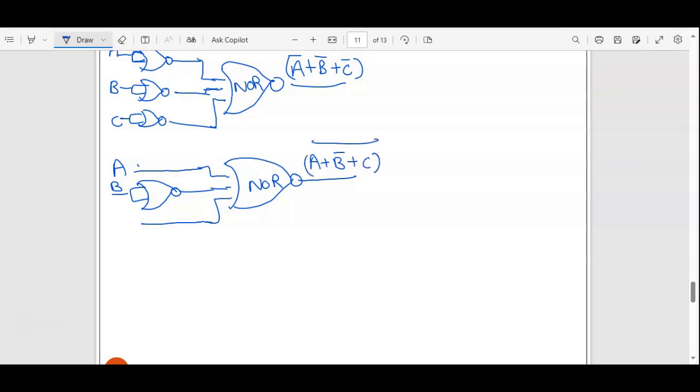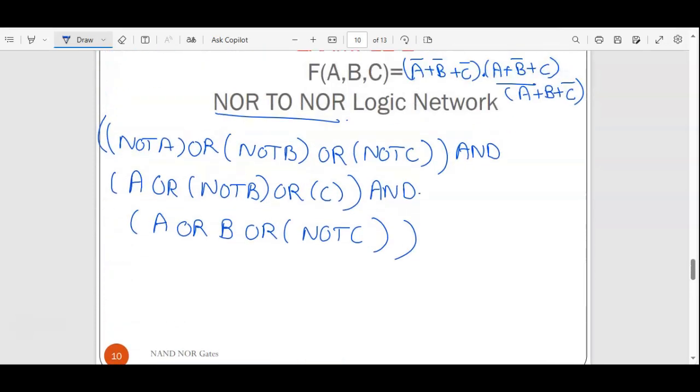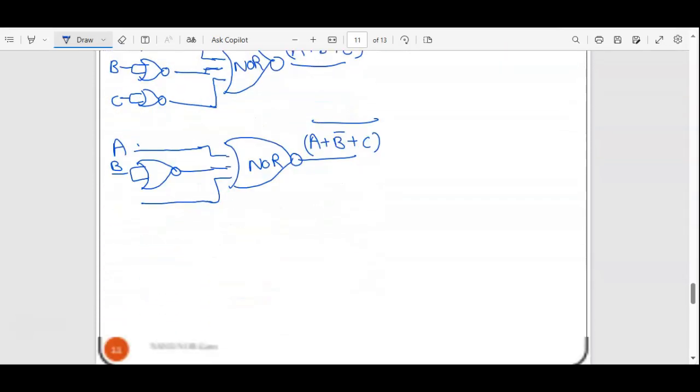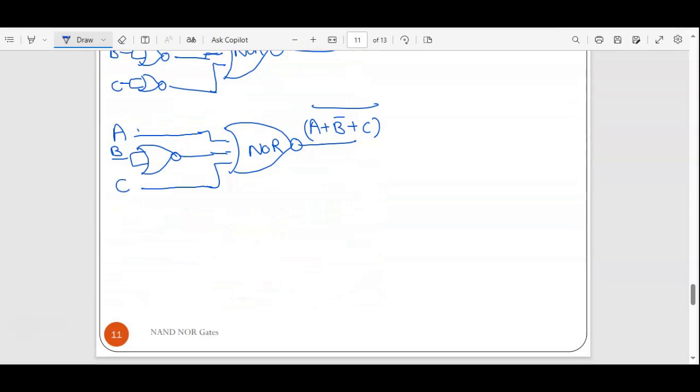Now the third expression, let us check the third expression. So the third expression is A plus B plus C bar, right? A plus B plus C bar. So this is A again. So A you give directly, it is A, and then B also directly you give B, and then C bar. So draw it properly, and then you give C bar. Okay, this is C and C bar. So again you just connect them together.